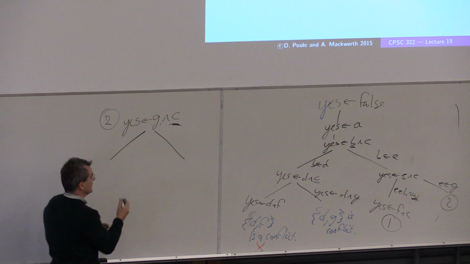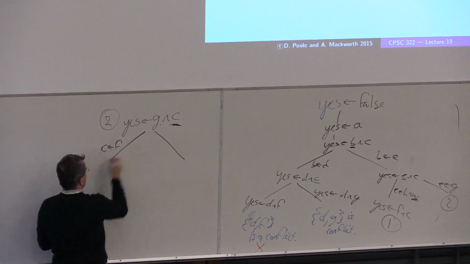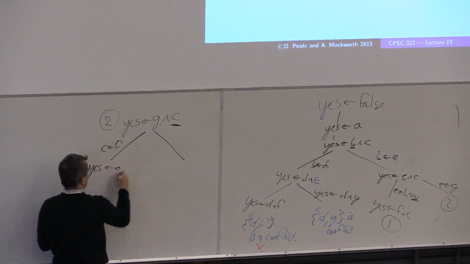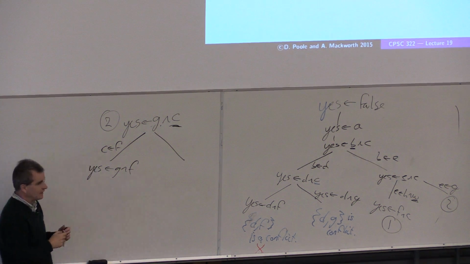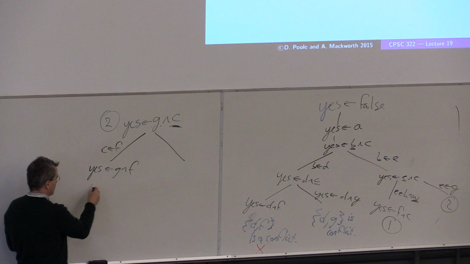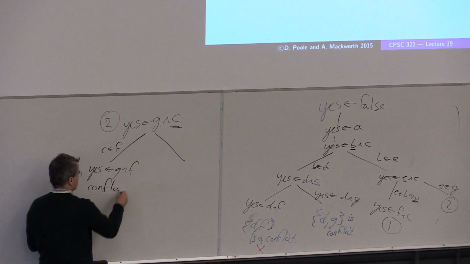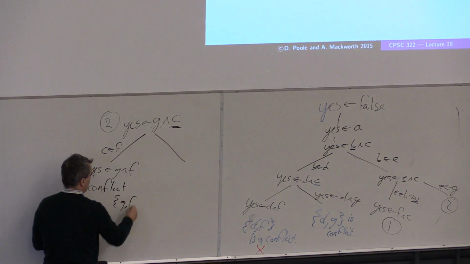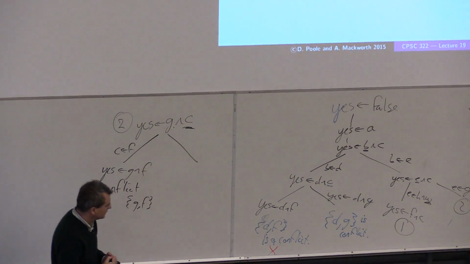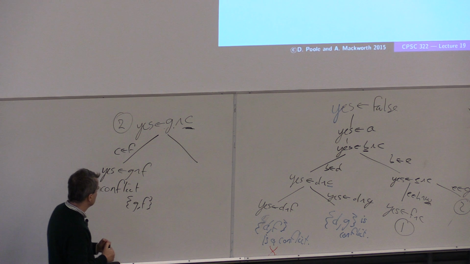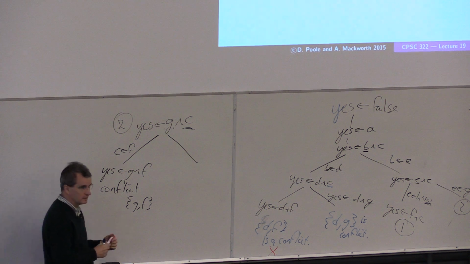So the two rules for C, C if F. So we get yes if G and F. And then we get another conflict, don't we? This is another conflict. G and F. Can we prune that? Can we prune this?